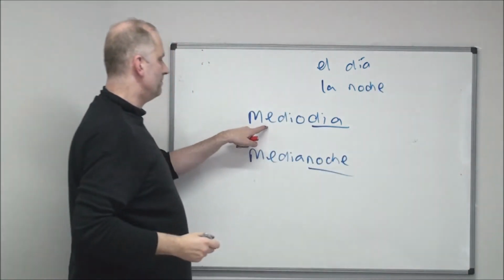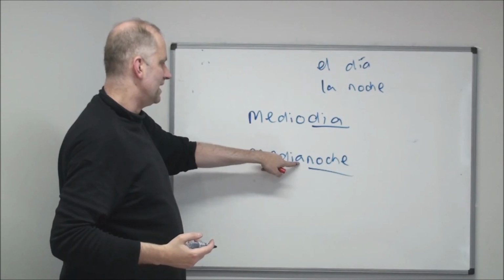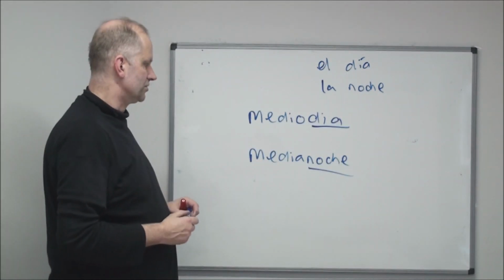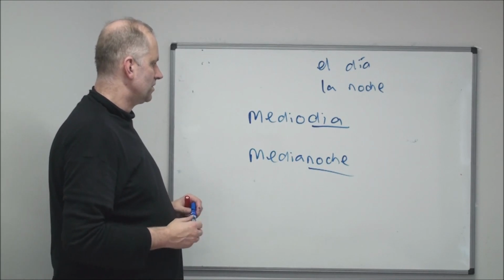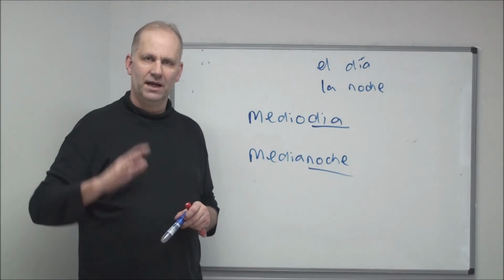So the word for medio, for half, mid, is medio masculine, or media, because noche is feminine. So mediodía, medianoche. Muy bien, so that's telling the time in Spanish. Okay, so hasta la próxima.